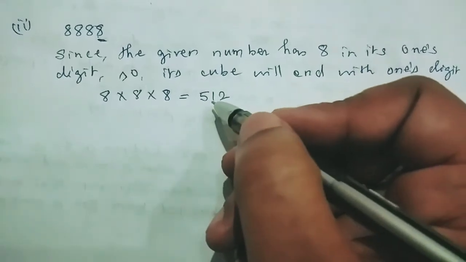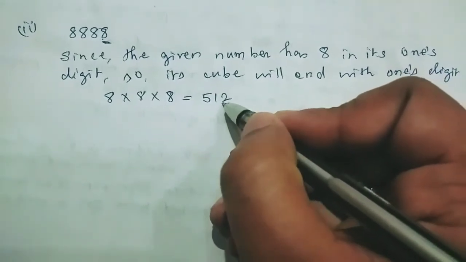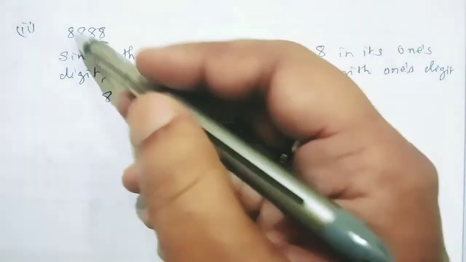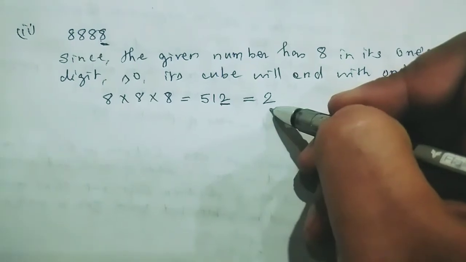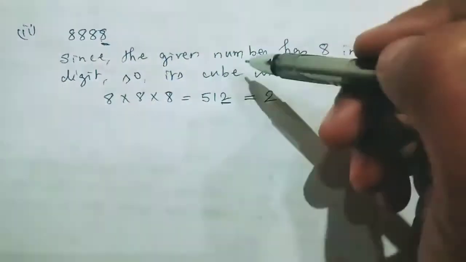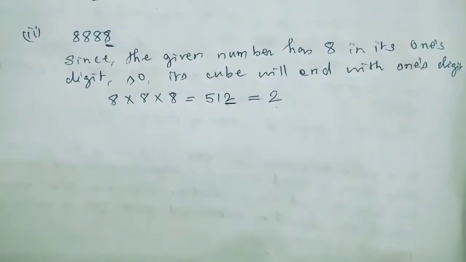After multiplying it is 512. So again, what is the unit digit here? 2 is the unit digit. So the answer will be 2. That means when you do the cube of this number, you will get the ones digit 2. Okay, so easy. Only multiply the unit digit number, and that unit digit will be the answer of this cube.